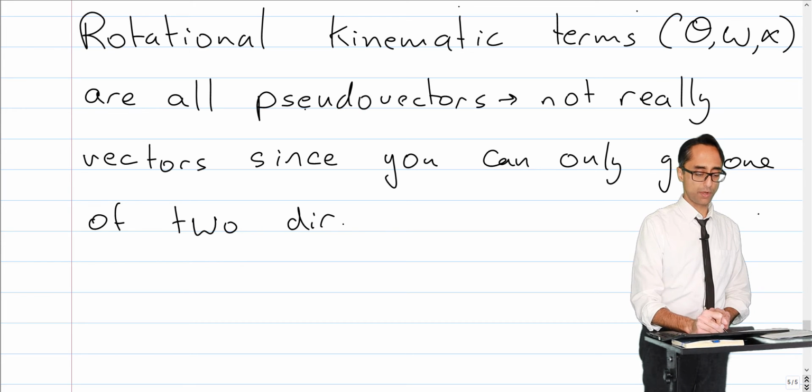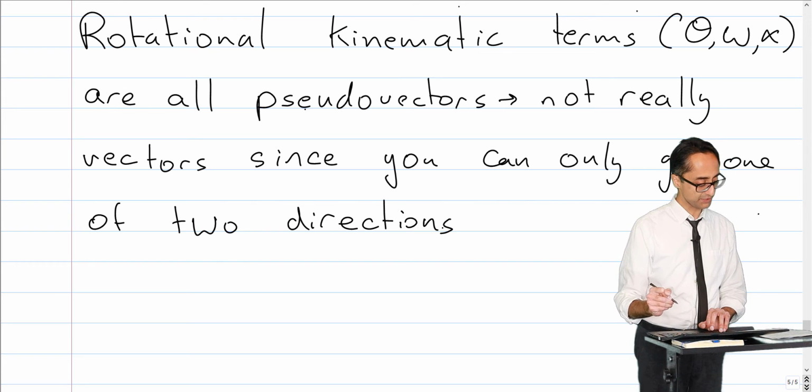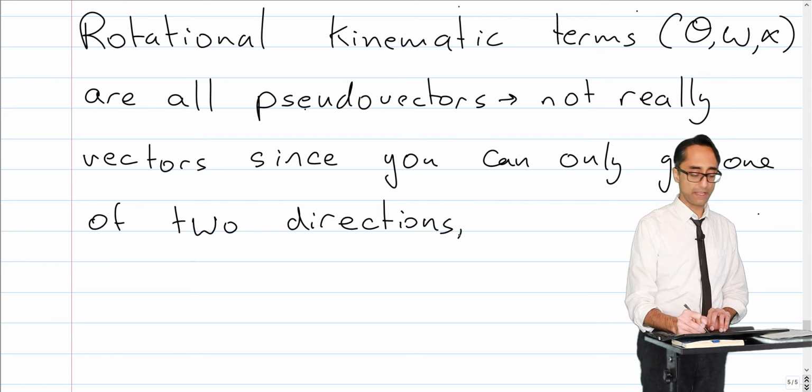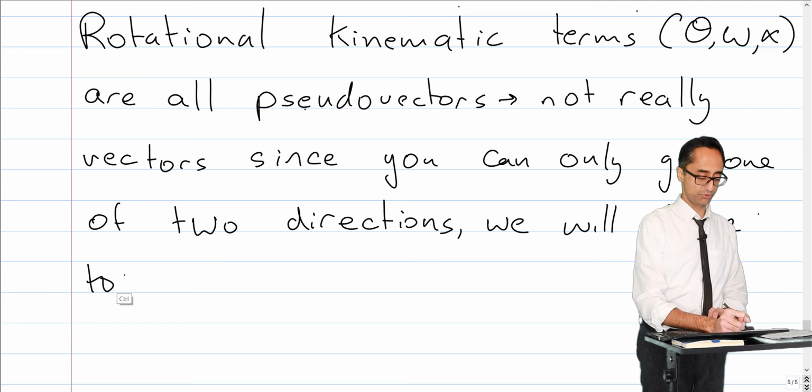You can only go clockwise or counterclockwise. If we define one of those directions as positive, then the other one is negative. And so we will define those as positive and negative.